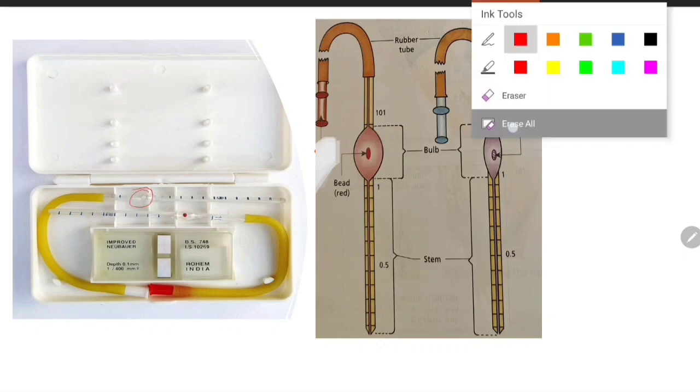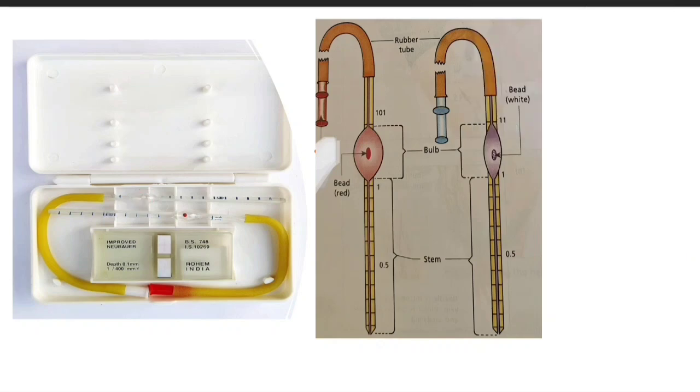In detail in this picture, we can easily say that this is the RBC pipette with this red bead, and the WBC pipette has a white bead. Always you will get the white bead in the WBC and the red bead in the RBC.